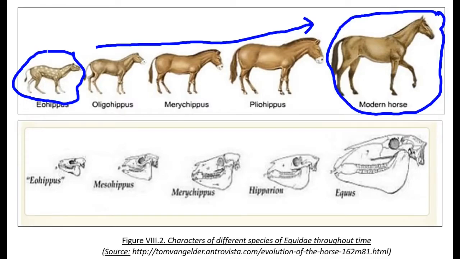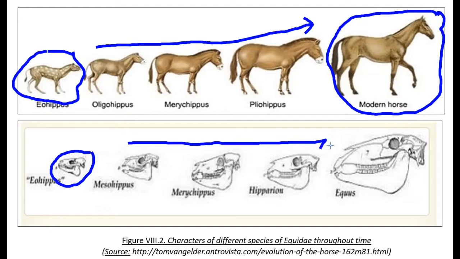The next thing we're going to look at is the size of the skull. So same thing, Eohippus had quite a small skull, and again, as you go throughout time evolution, again, it's an increase that's been selected, and you can see that the head of the modern horse is almost 3 to 4 times bigger.